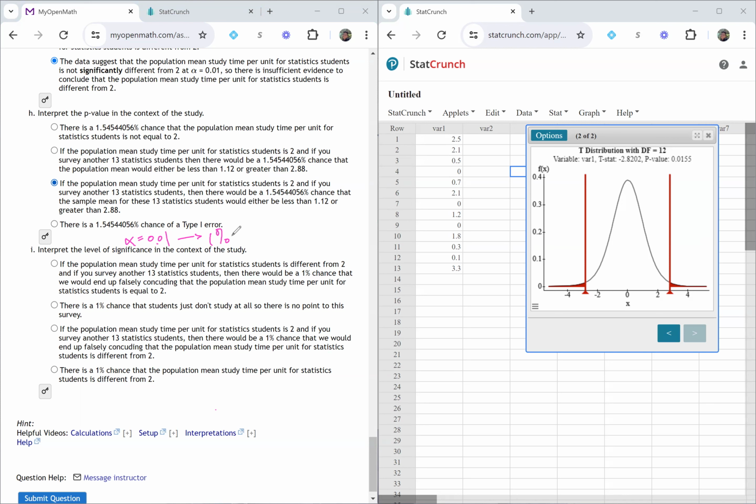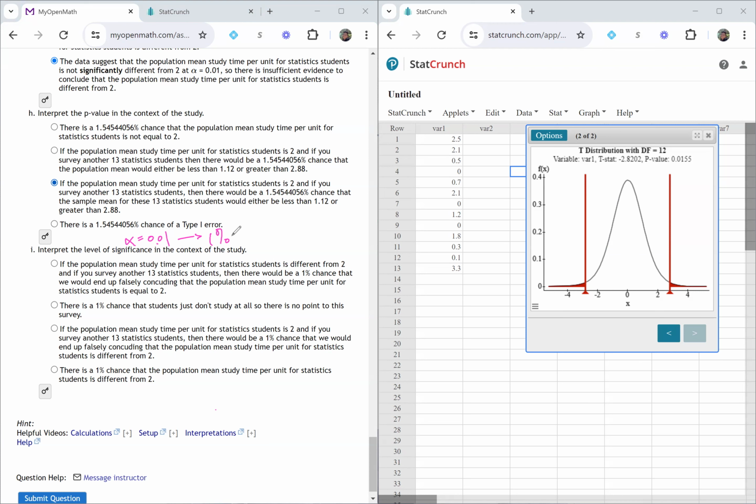When we think about what we have here, if our population mean study time per unit for statistics students is 2, that was our null hypothesis. And if we take another sample of 13 statistics students, there's going to be a 1% chance that we would end up falsely concluding that it's actually different.